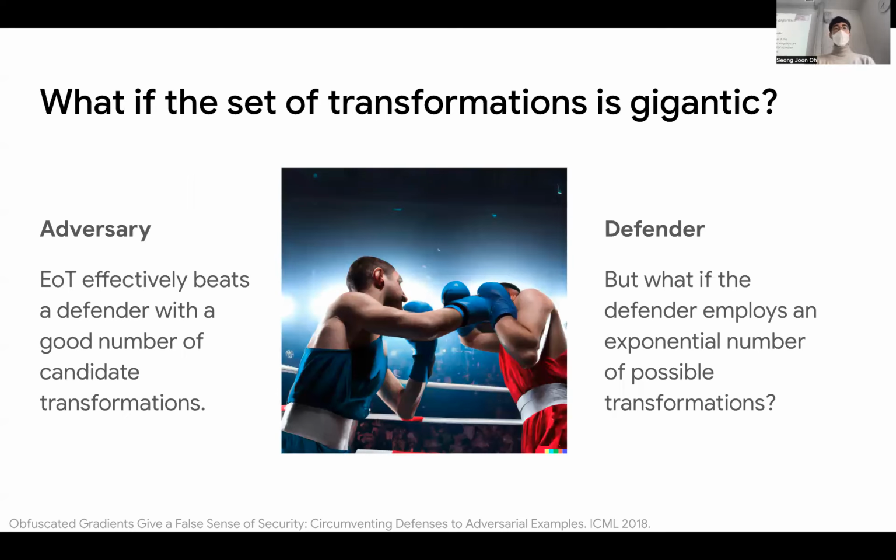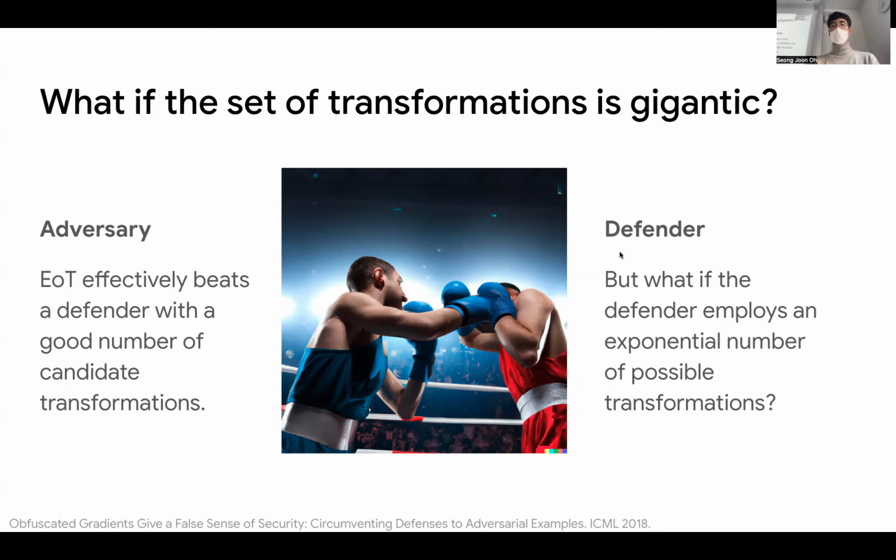So we are talking about the capacity of the attacker and the defender, right? The adversary can still beat a lot of different possible transformations by generating the attack against all possible transformations, right?